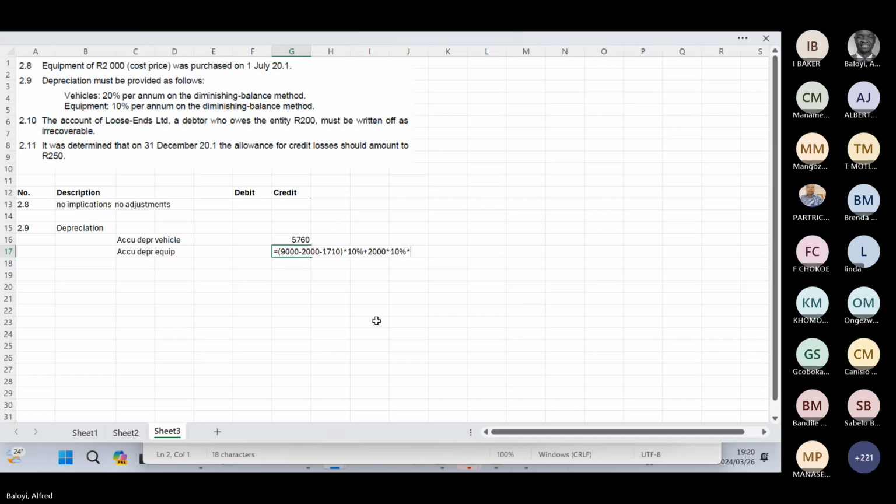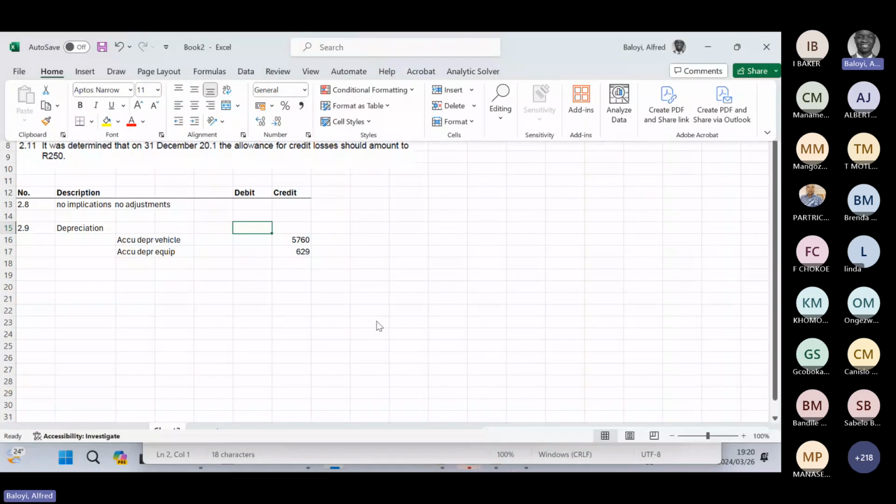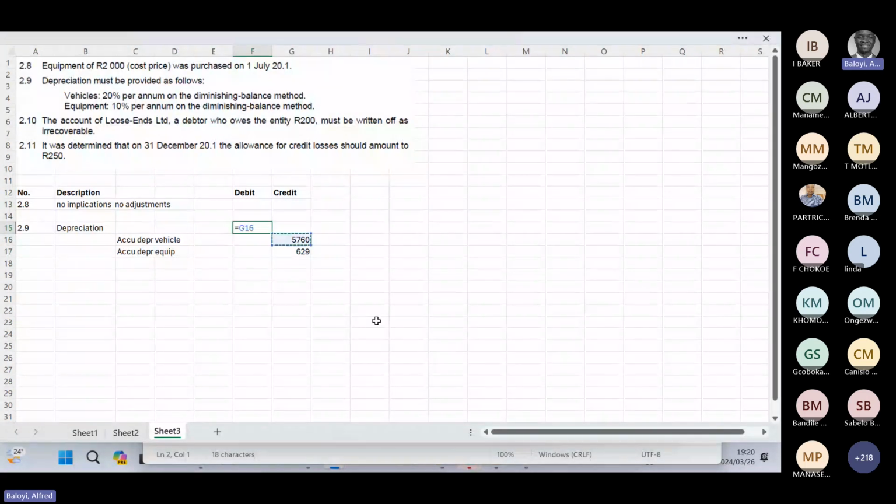For 6 over 12 months. And that is your depreciation for equipment. The sum of this will give you the depreciation for the period, which is 6389.